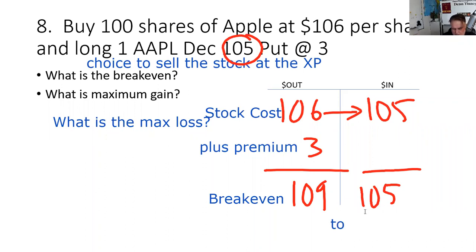And so my maximum loss is 4 points. That's pretty cool. So 109 to 105. So I have the ability to participate in a big price increase, but not participate in a big price decline. So let's put that in there. The max loss is the break even to the strike price. This was a protective put.